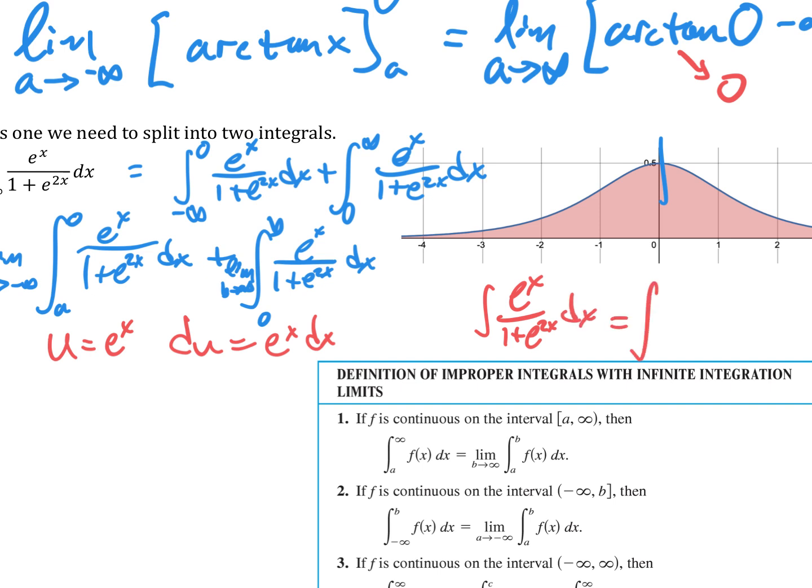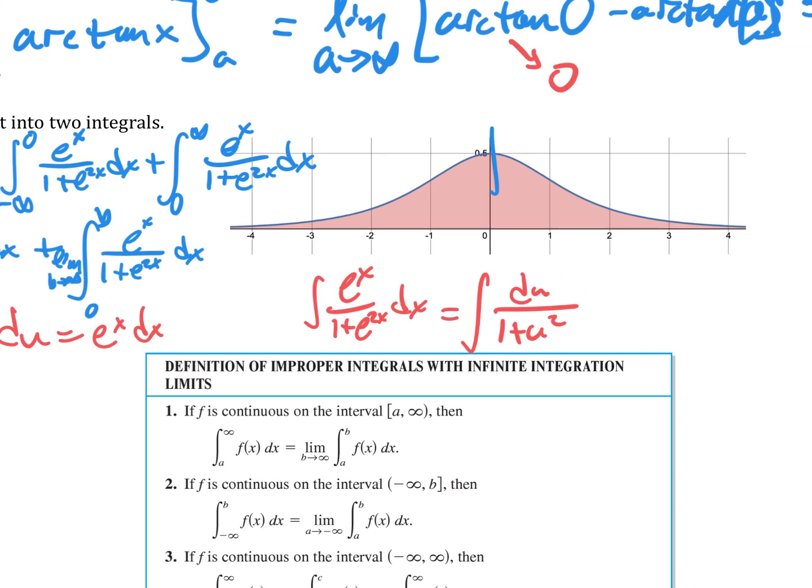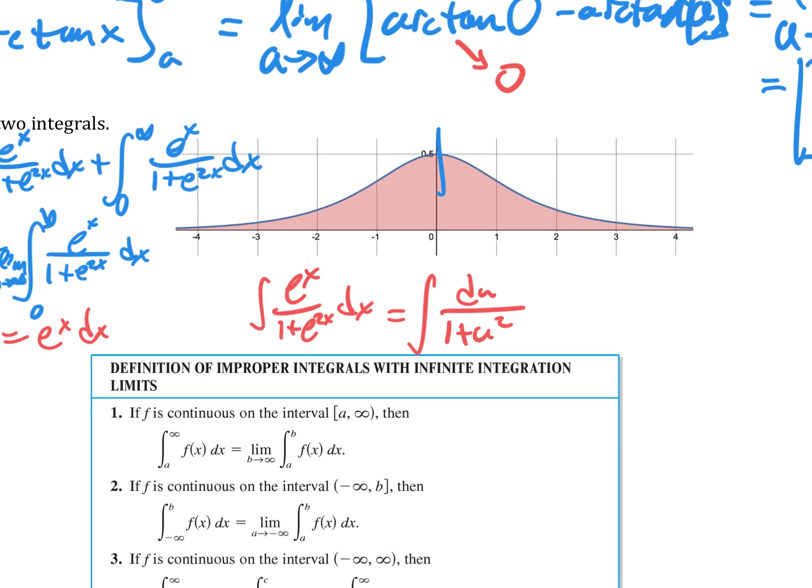Well, this is just the integral of du all over, and so this is e to the x squared, right? So that gives us 1 plus u squared. Okay, and now this is in the form of arctangent. All right, so this is the arctan of u, and u is e to the x.